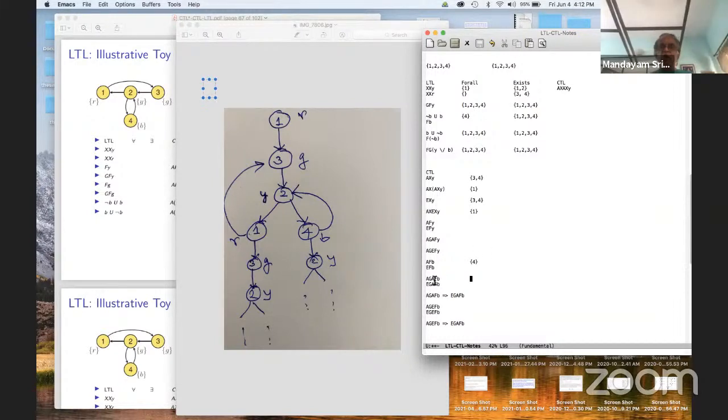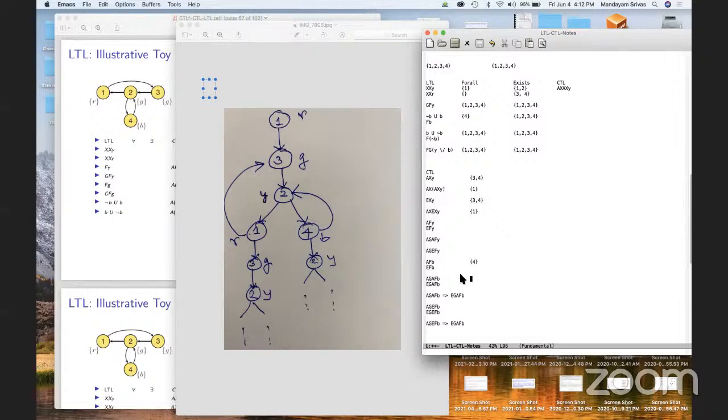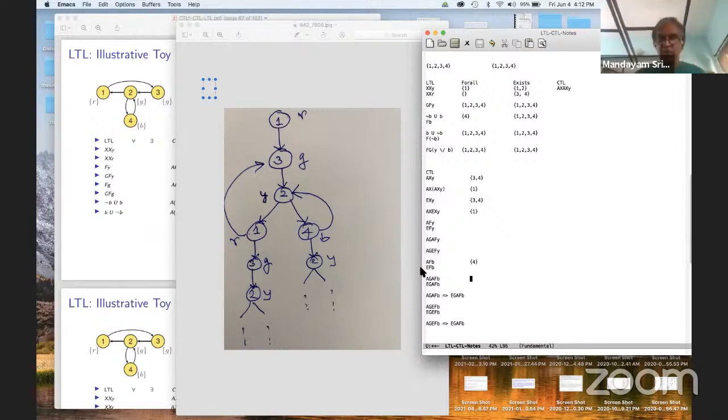The only way that this can be satisfied is by those paths in which 4 occurs continuously, where 4 loops around again and again. But there are no such paths. So this is empty.